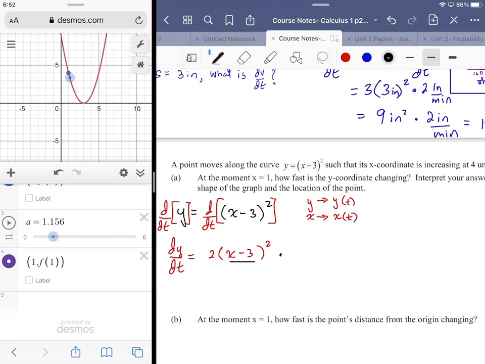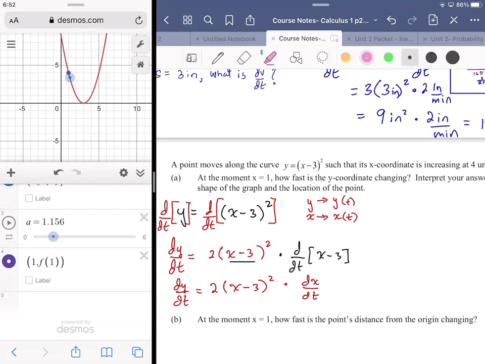So I need to multiply this by the derivative with respect to time of x minus 3, which in turn becomes dx dt minus the derivative of 3 with respect to time. Well, derivative of a constant goes to 0. So it's only the variable component that I care about giving us the dx dt.